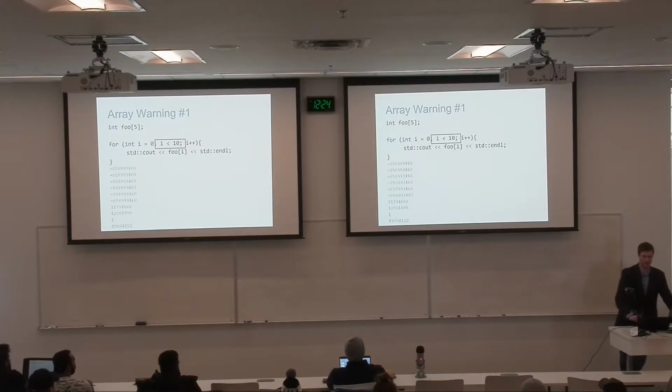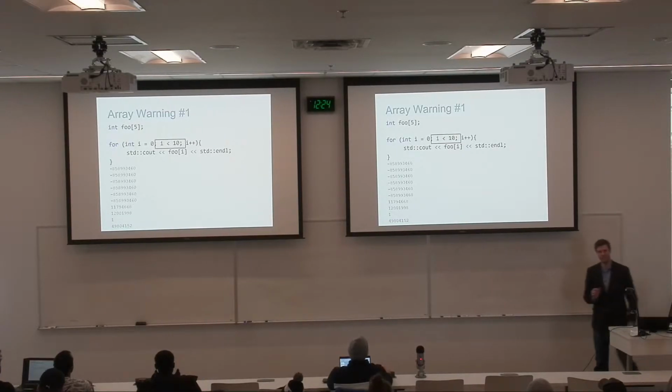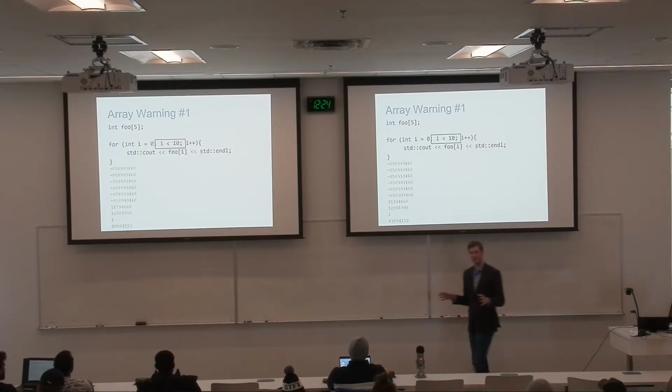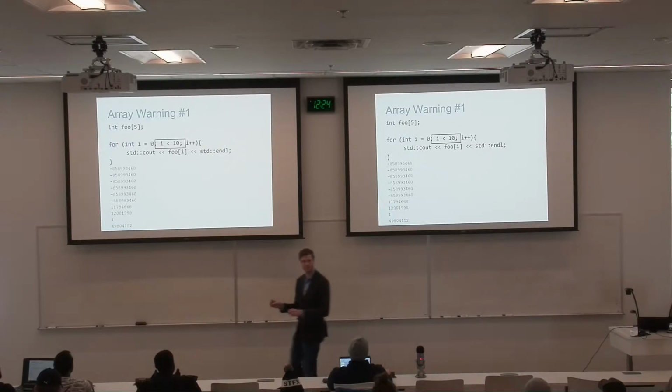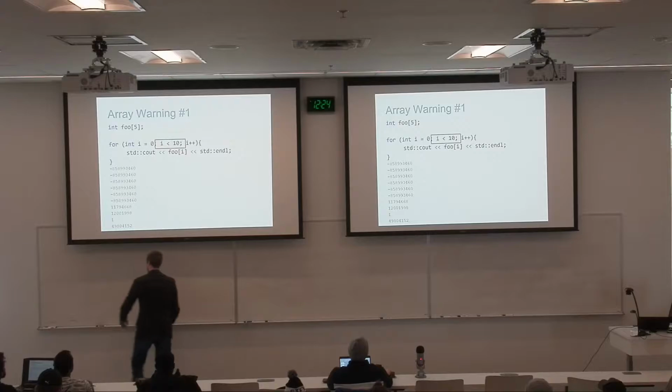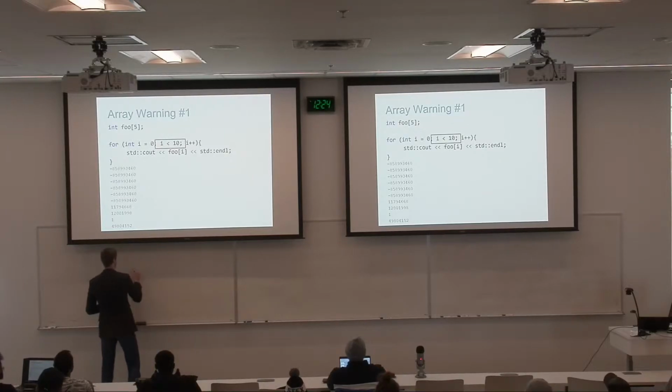Well, if I hit run, this is what I get. I don't get an error. It runs just fine. Here's the thing. That array is in RAM somewhere. Think of the RAM like this.